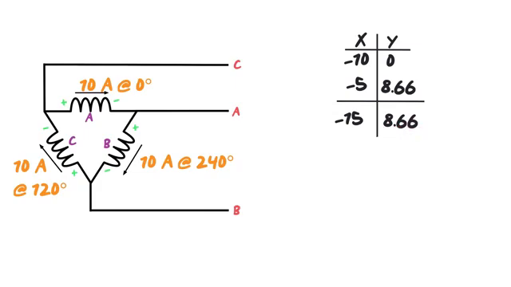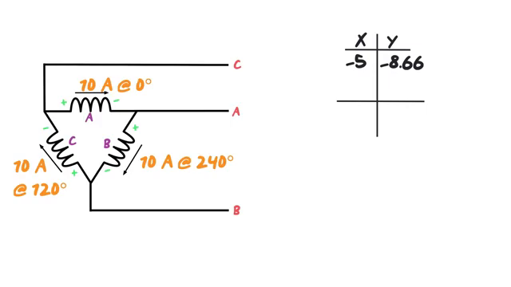I go positive 10 times the sine of 120 and I get 8.66. I end up with negative 15 and 8.66, using Pythagoras again to get my resultant, 17.3 amps. So let's take it for one more spin here.